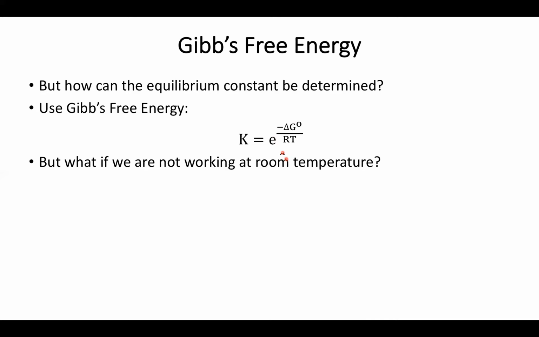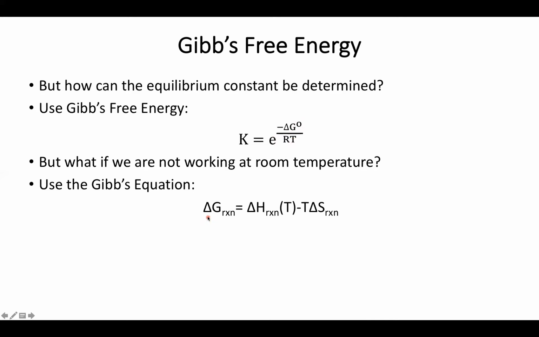But watch out, because a lot of times we are not working at room temperature. So a lot of our standard state Gibbs free energies need to be modified. The classic approach is to modify our Gibbs free energies of reaction using our classic Gibbs equation, where the major modification of the Gibbs free energy with temperature is going to be based on the entropy of reaction.